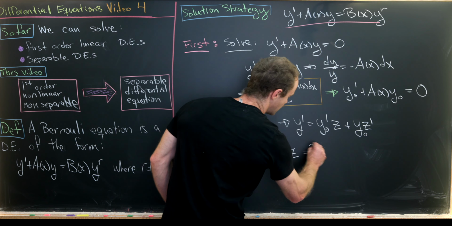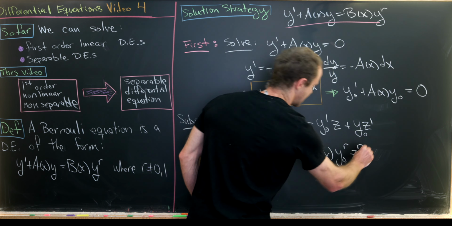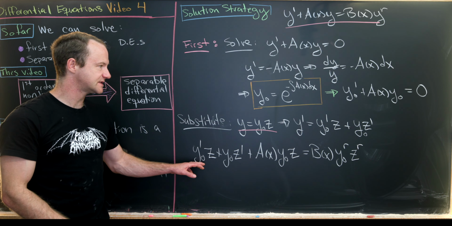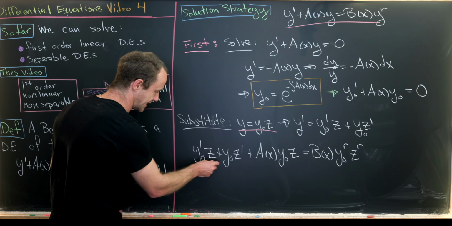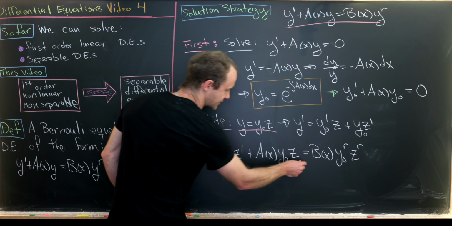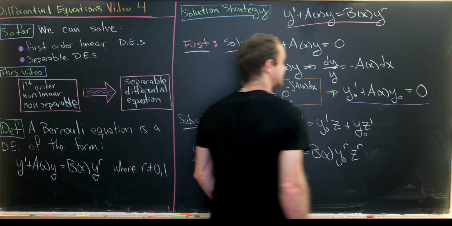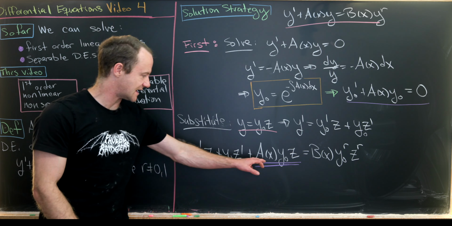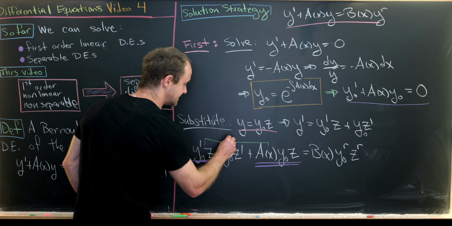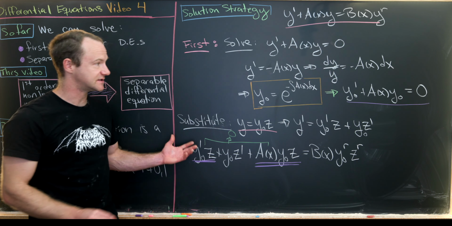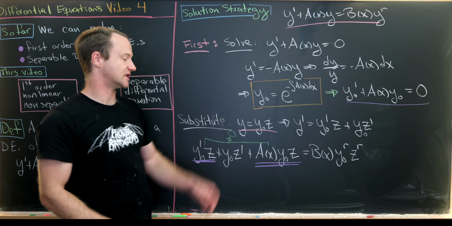And then this is equal to b of x times y naught to the r times z to the r. But now let's notice that we could factor a z out of this stuff that I'm underlining in purple. So we could factor a z out of this, and we have exactly this equation over here. So that means that this underlined stuff indeed cancels out to 0. And it cancels out to 0 because of how we chose y naught to be a solution to this associated differential equation.